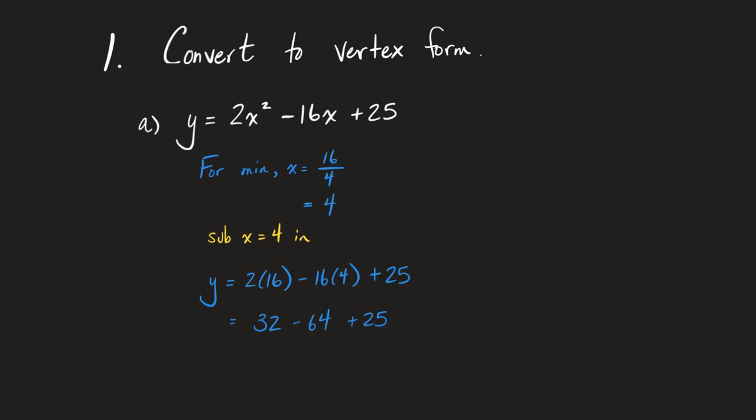This is me going through and producing my solution. For my minimum, my x was negative b over 2a. I calculated my x value of 4. I subbed in 4. Here is where I can use my check. Notice, my first term is 32. My second term is negative 64. So first, let's look at the signs. They're opposite signs. One's positive, one's negative.